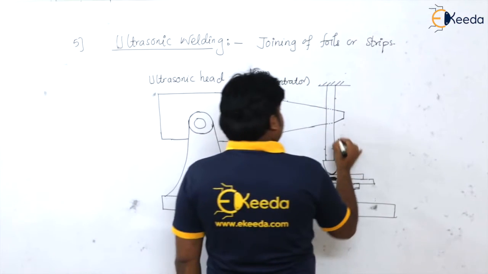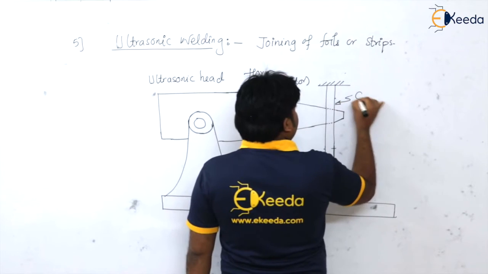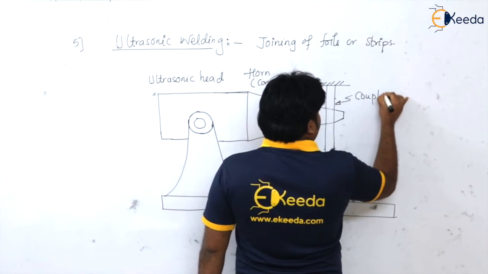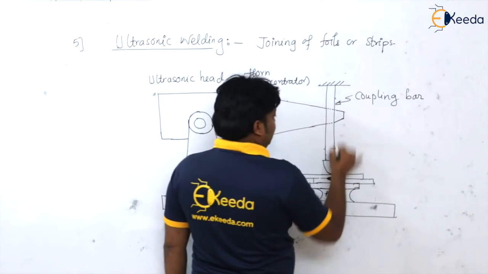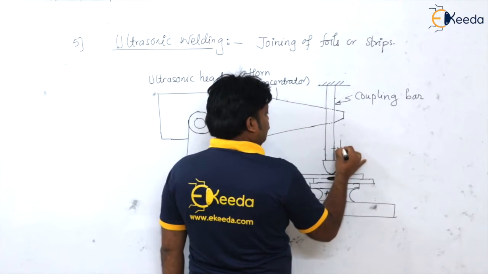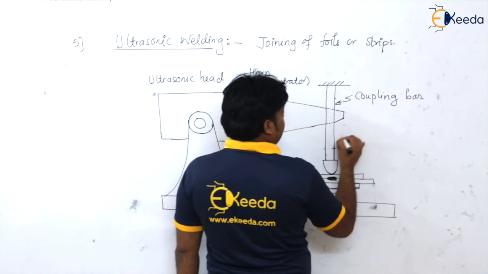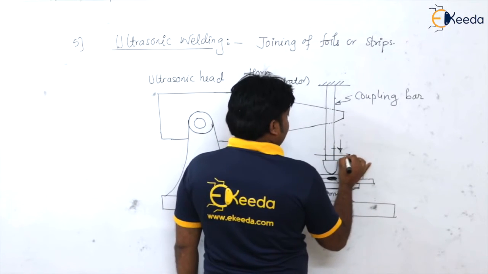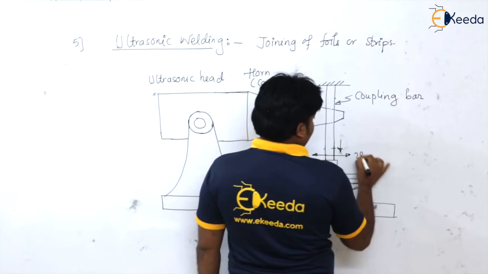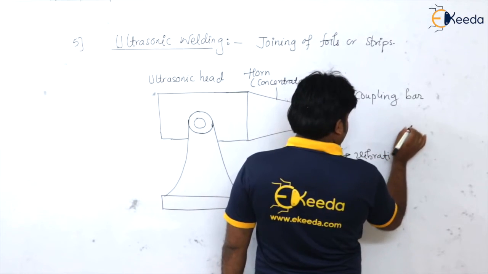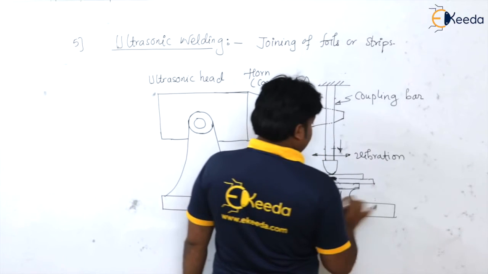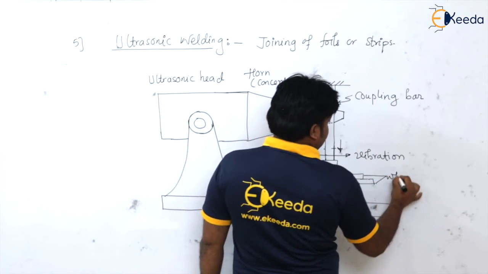This is our coupling bar, which is going to apply the transverse pressure between the workpieces, and it is also going to vibrate with ultrasonic vibration. This is the anvil and these are the workpieces.